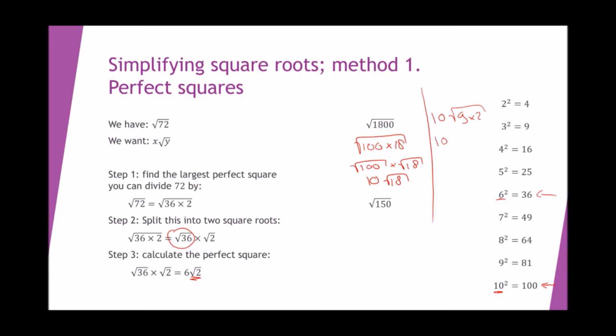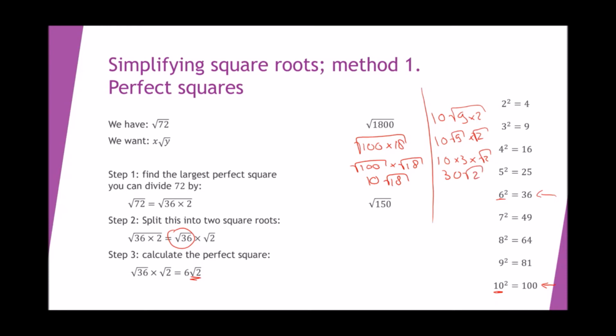So that's 10 square root 9 times square root 2. And square root 9 is 3. So that's 10 times 3 times square root 2. And our final step, 10 times 3 is 30, so 30 square root 2.